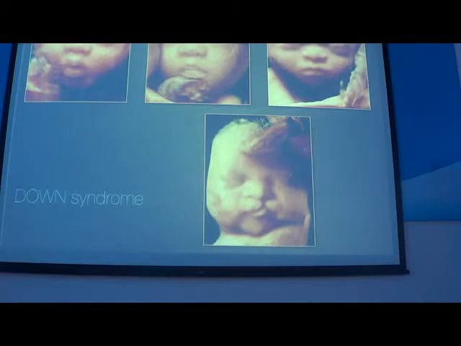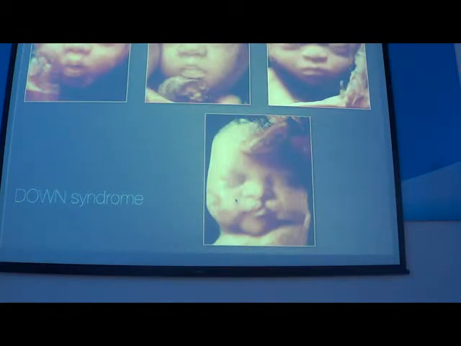And here you have 4 cases of Down syndrome with the same aspect. So this is really useful. But the only problem is that this works fine during the third trimester of pregnancy, because in the third trimester we can see the eyelids.